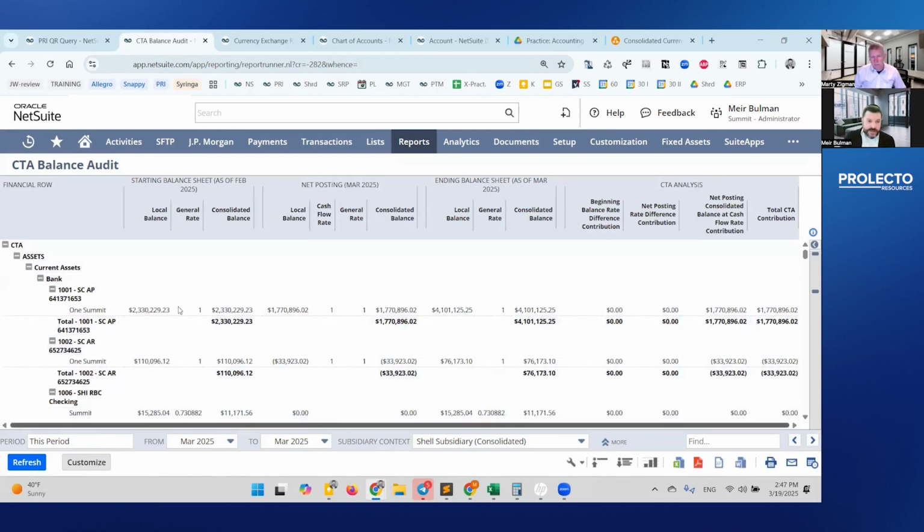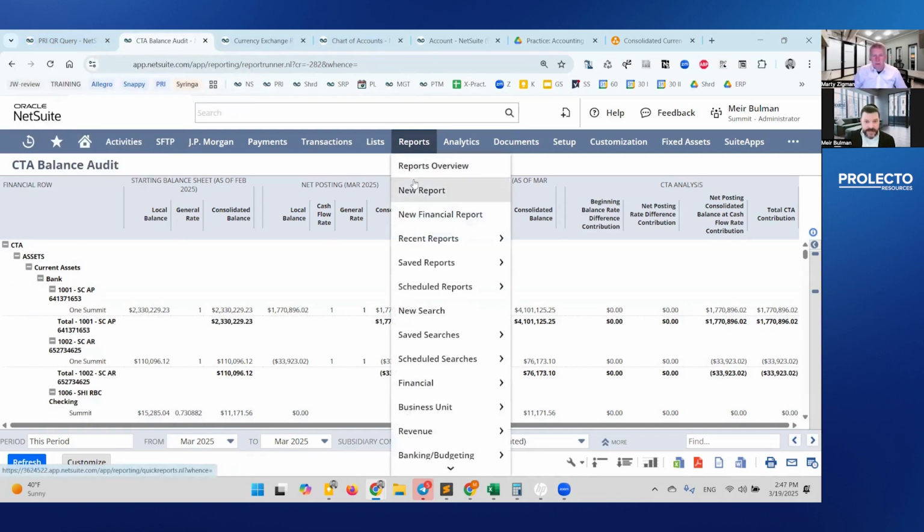And so it shows you the starting position, what posted in the period, what's the ending balance, and what's that contribution to CTA, if you will. Okay, so that is answered by the CTA balance audit report. Yes.